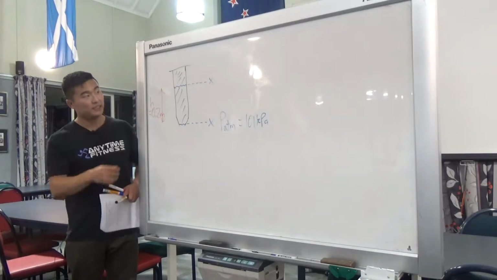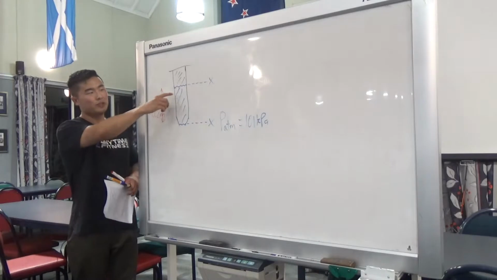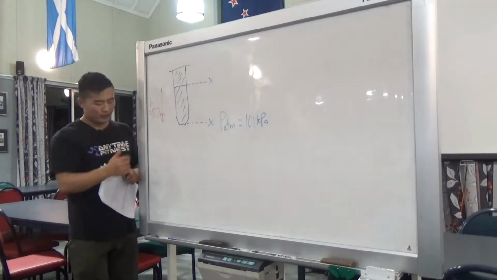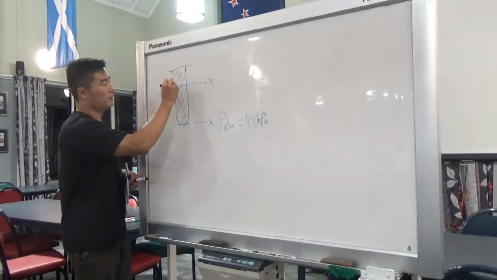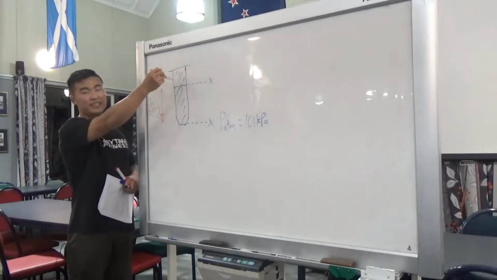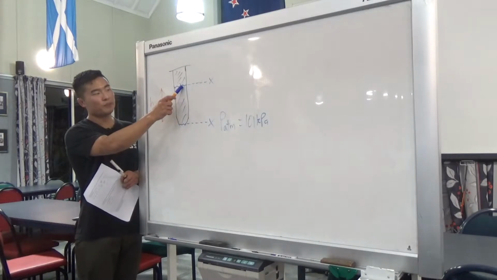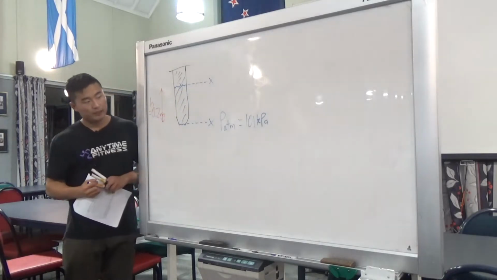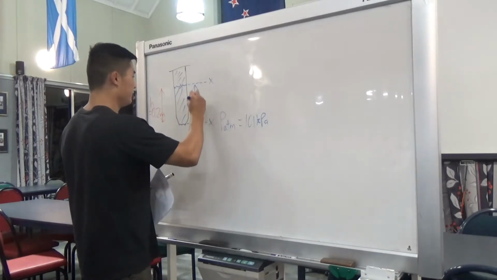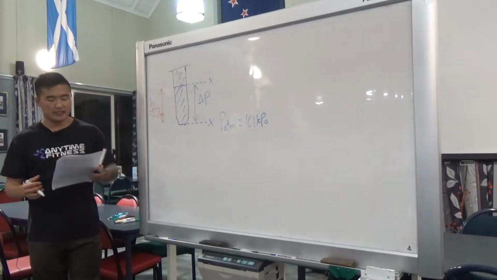Because remember, it's the gas in here that's pressing down, exerting a pressure on the water. So the pressure at this point of the surface of the water will be equal to the pressure in here. Okay, so what we can do is calculate the pressure at the surface of the water, because we know the difference in height, we can calculate the difference in pressure.